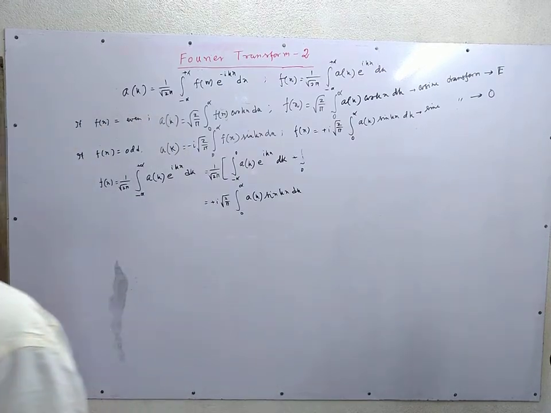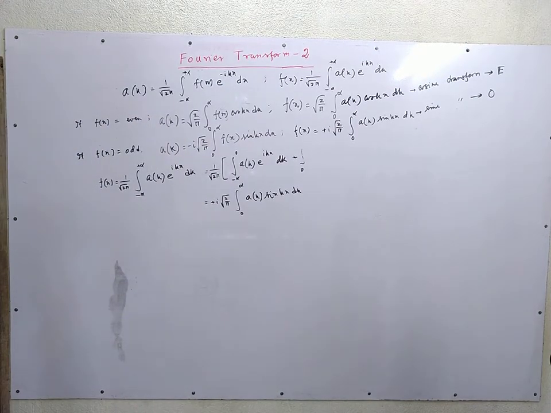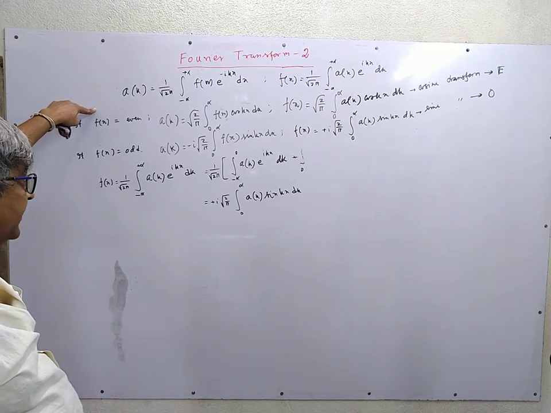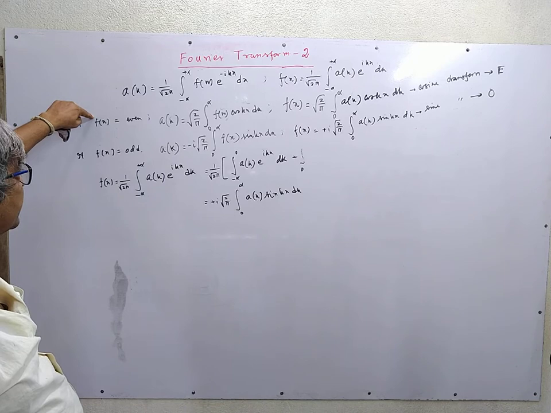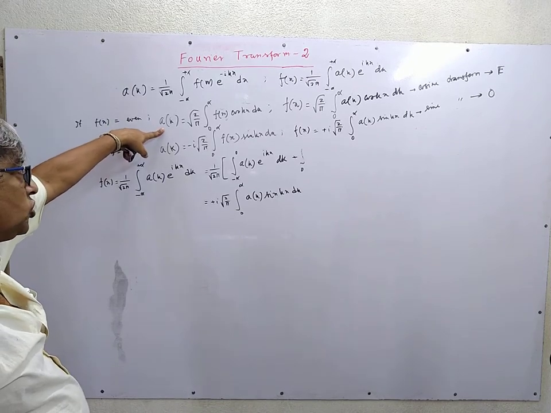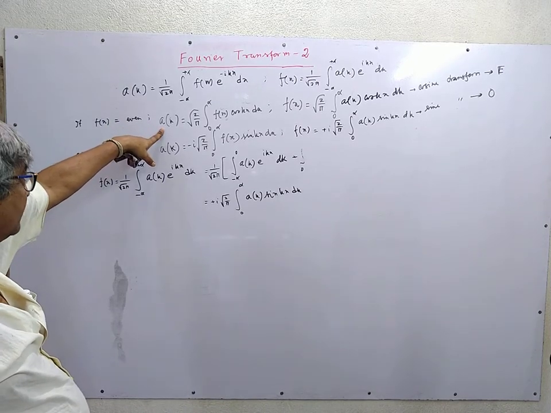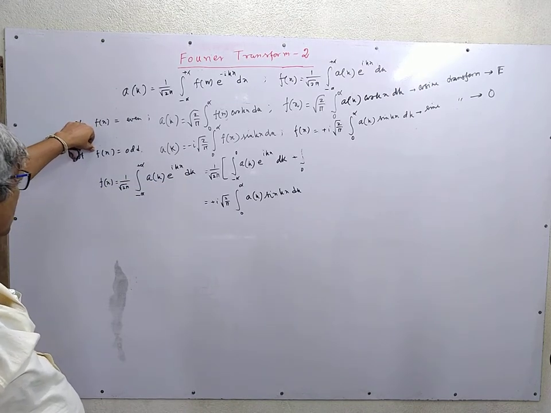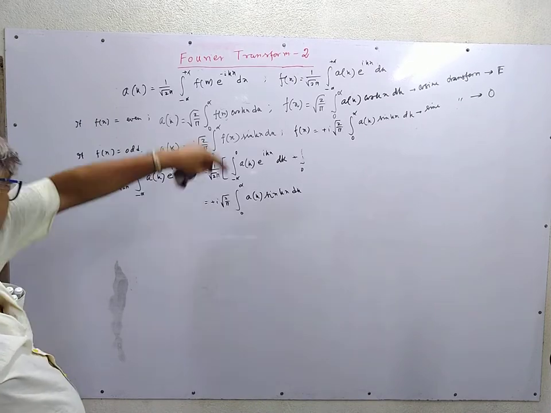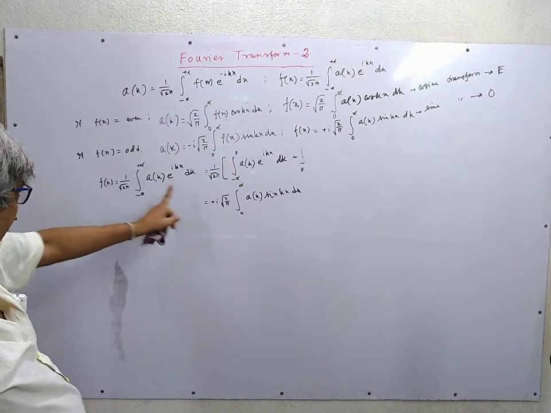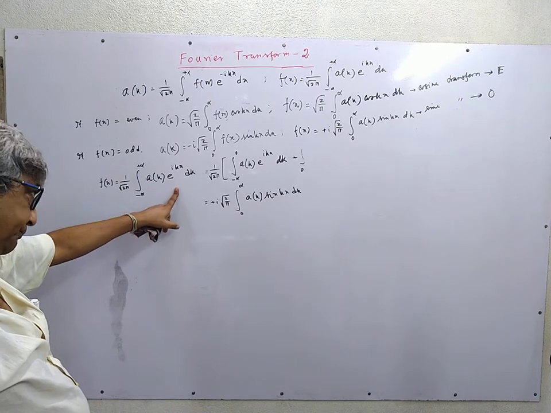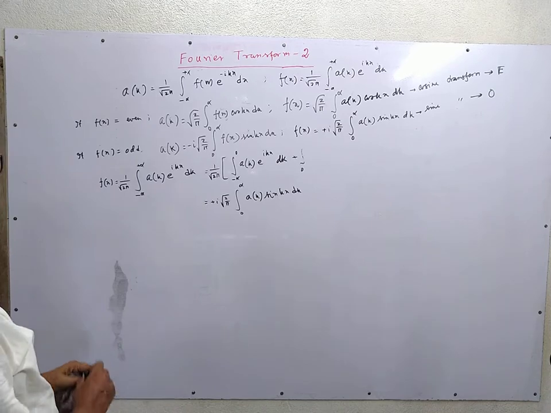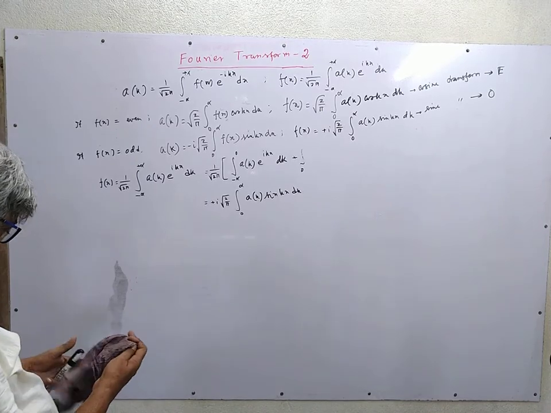One more thing: see that if f(x) is even and real, here we have considered f to be real, then a(k) is also real and even. If f is odd, then a(k) is imaginary and odd. This is another property of the Fourier transform.